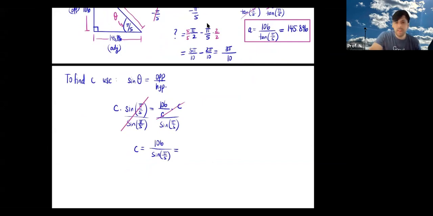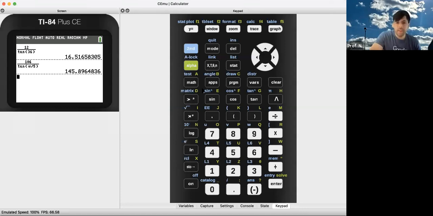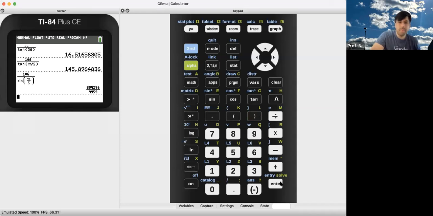So we do the same exact thing. We go back to our calculator and we do 106 divided by sine of, second, pi divided by 5, close parentheses, and then boom.